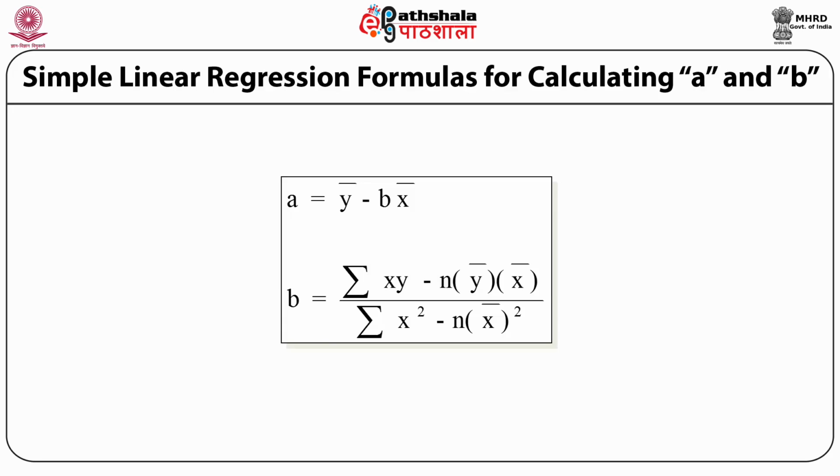B can be calculated by using the formula, which is summation of multiplication of x and y, subtracted from n into multiplication of averages of x and y, which is divided by sum of x square minus n into average of x square.